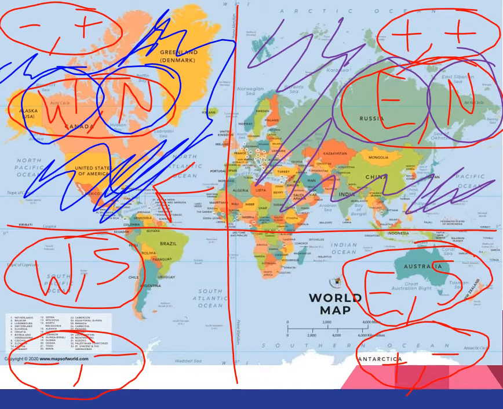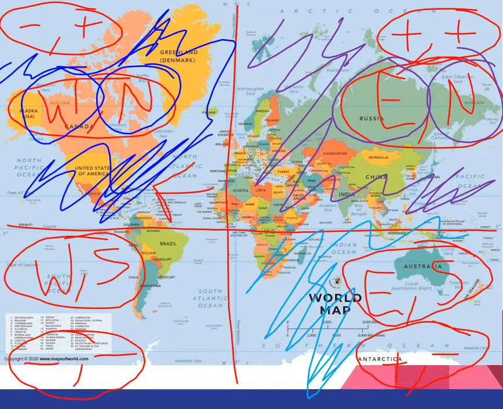In this whole area, every latitude is going to be south and every longitude is going to be east. And in this whole area, every latitude is going to be south and every longitude is going to be west. Again, you can snapshot this, you can pause it, you can do whatever, but I am going to erase so that I can show you one more thing.